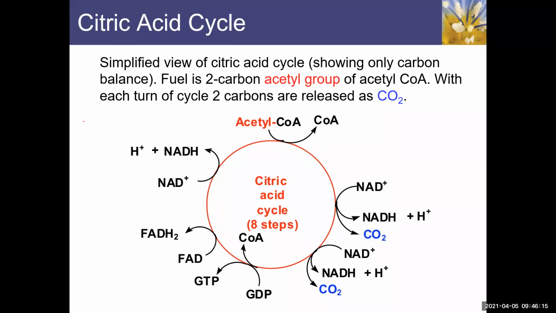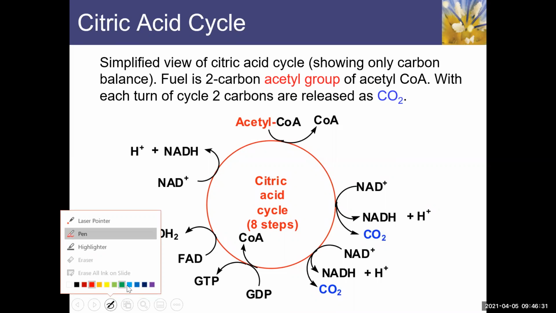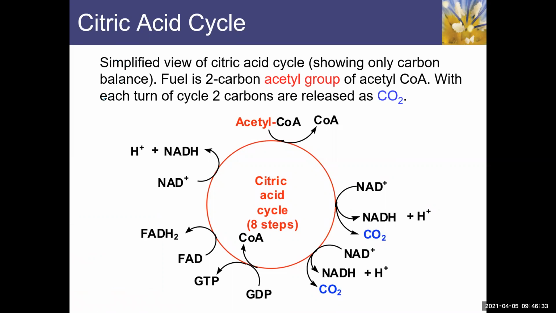Now, what will happen to this pyruvate? This pyruvate will enter into the mitochondrial matrix, and this pyruvate will be converted into acetyl-CoA. This is what we are talking about. So we're going to start from the acetyl-CoA. So we had glucose. Glucose was converted into the pyruvate or pyruvic acid.